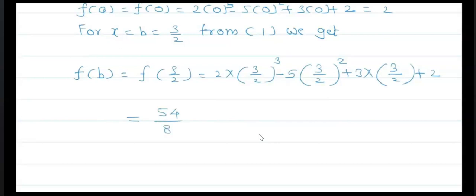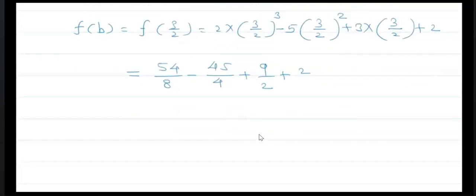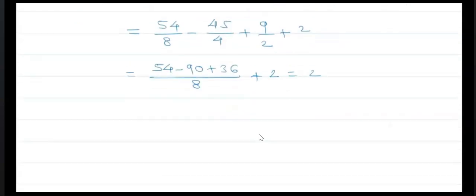That is 54 upon 8 minus 45 upon 4 plus 9 by 2 plus 2. And after simplification, you will get 2.